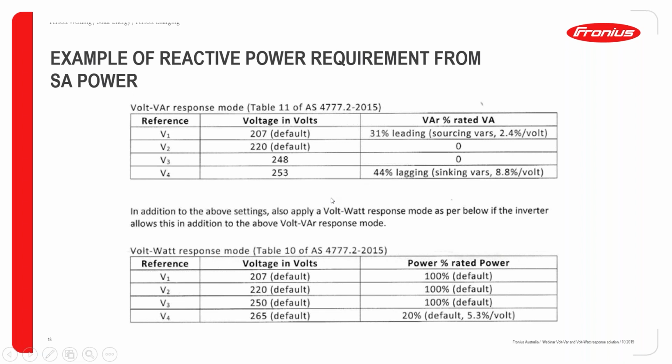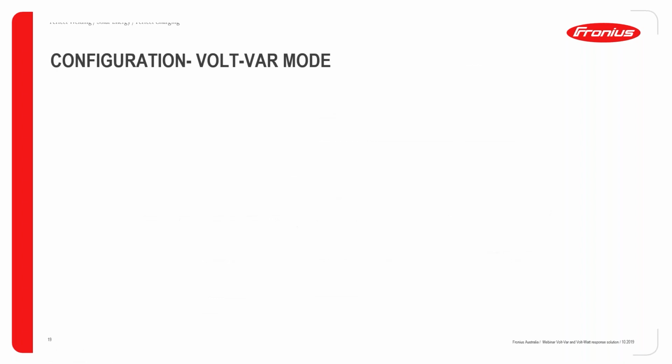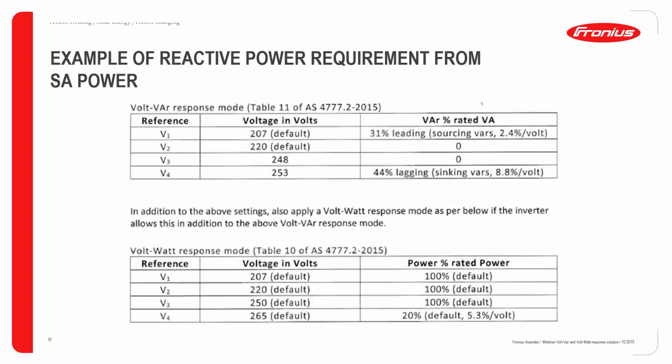Okay. So my colleague Peter will take over from here, and he will show you how to use the Fronius Excel tool to calculate all those set points for the voltages and power factors. Okay, so I'll hand over to Peter.